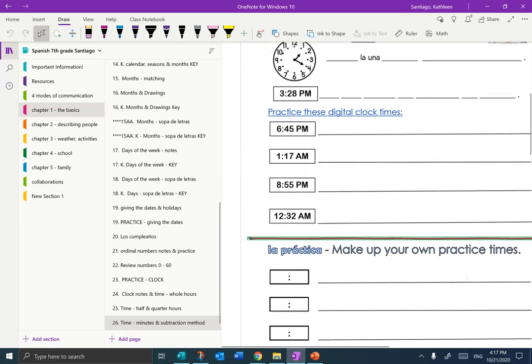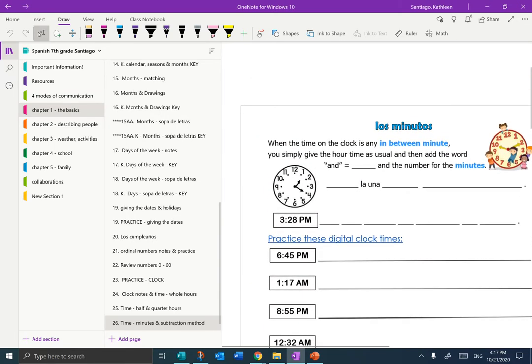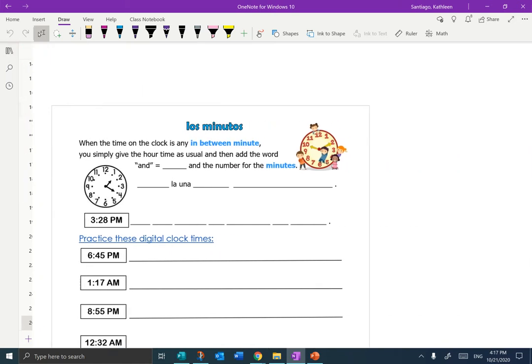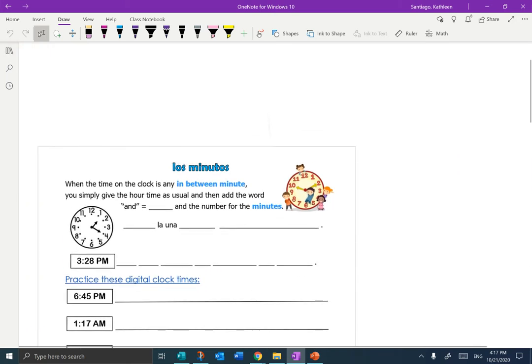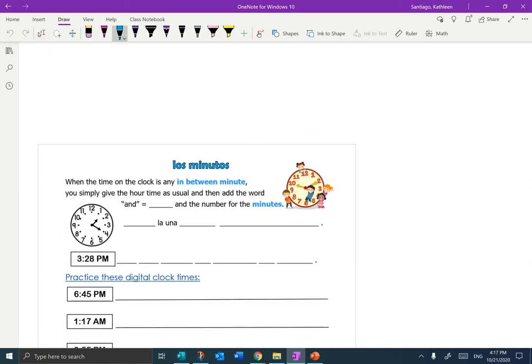Okay, so let's talk a little bit about what we already know. So we already know, I'm going to get rid of the table of contents. We already know how to do the whole hour by starting with es la for una. We already know how to do son las and then the number, for anything that is 2 through 12.